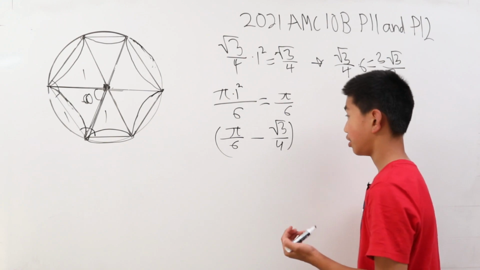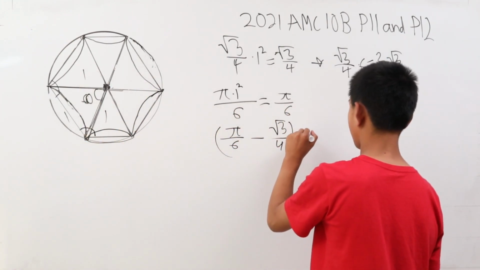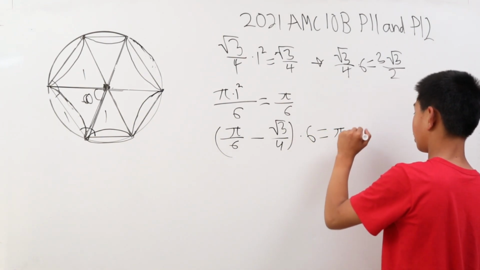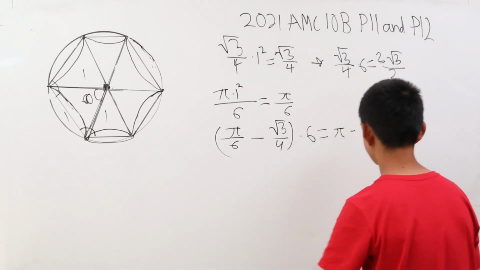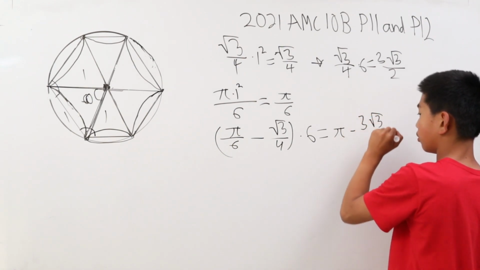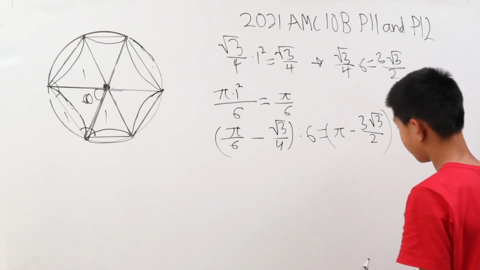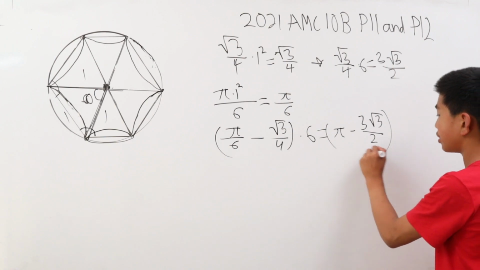But now, notice, there are 6 of these arcs, so you have to multiply by 6. This gives us pi minus 3√3 over 2 now. Okay, well, now we have that.